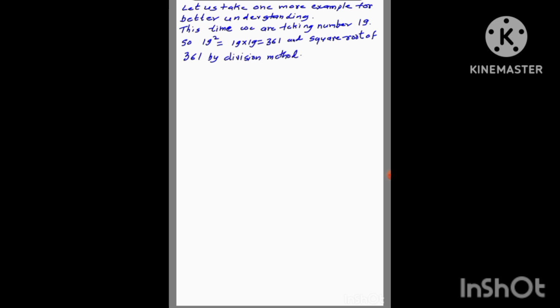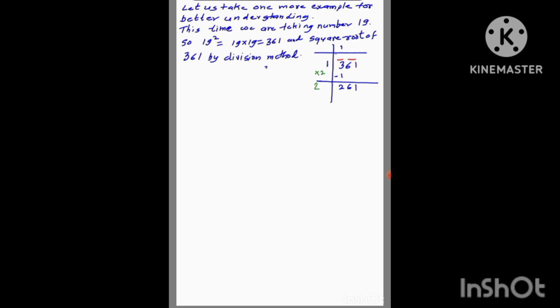Let us write 361. I am going slow because it's very easy to understand. There is no point in making any hurry. 61 and then 2 bars, 61 and 3, you know this, and you know 1 into 1 is 1, minus 1 you get 2, 3 minus 1 is 2, transfer that 61. Then you multiply this 1 by 2, you get 2 here.